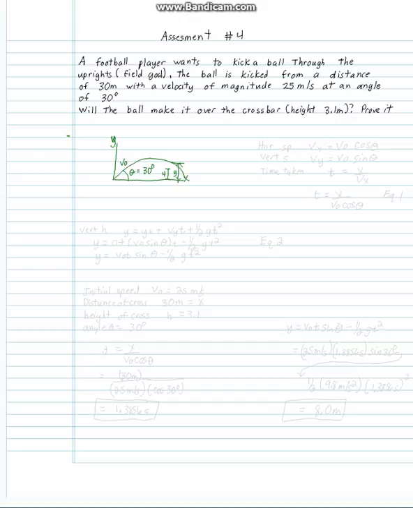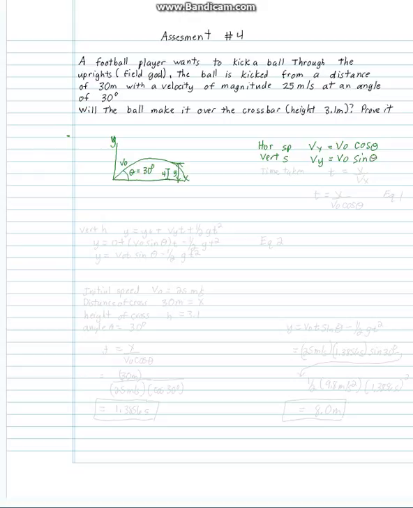Alright, to figure out this problem, our horizontal speed of the football is v of x, equal to v of 0 cosine of theta. And then our vertical speed is going to be v of y, equal to v of 0 sine of theta.